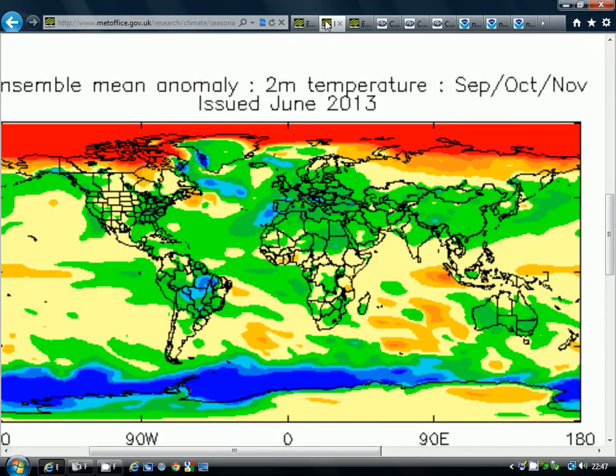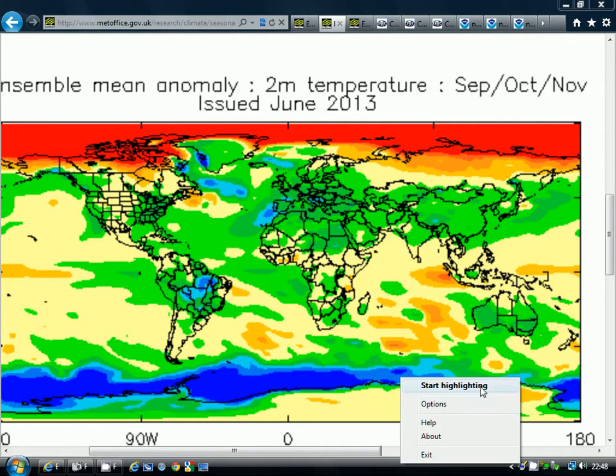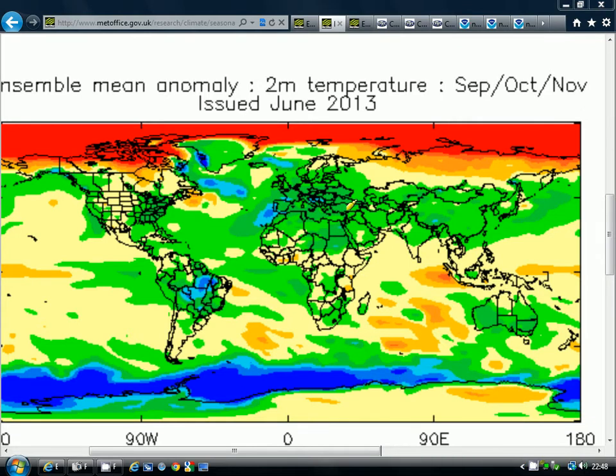In terms of temperature, the ensemble mean anomaly for the autumn is actually a bit colder than average. These green colours are a bit below the average. The UK Met Office model has been going for colder than average temperatures throughout 2013. This seasonal model has been doing this for a long time now, and I have to say it's been pulling it off because month after month after month the anomalies have been coming in a little bit below the average.